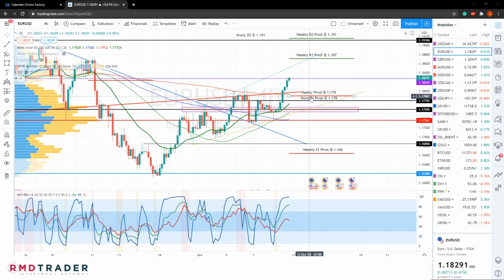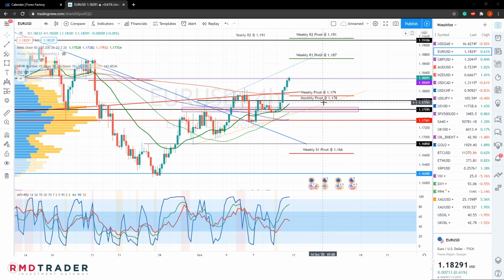That's the weekly and or monthly pivots at 1.179 or 1.178. And depending on when that happens, that could also see another retest of this new lower diagonal that we are seeing in this channel. So just keep a lookout for any price action from this area, as this could give us a potential opportunity to go long with that target in mind at 1.187.